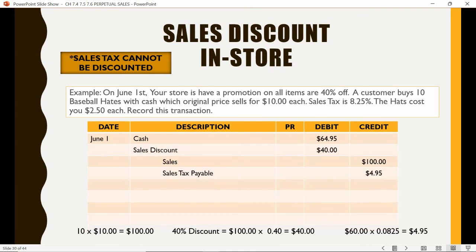So you figure out the original selling price, $100, and take the discount off of the sales. 40% means I take off $40, which leaves $60 that must be taxed. 60 times my tax gives me $4.95. That is how much cash I'm going to receive: $64.95.